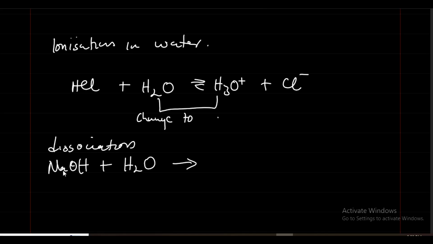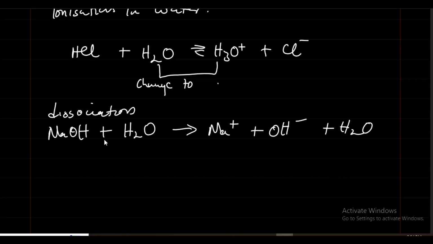When sodium hydroxide is dissolved in water, we'll have sodium ions plus hydroxide ions, plus water. So there will not be any reaction with water. If we do a net reaction, we will notice that water is a spectator. No reaction is happening to it, so we can omit it in the reaction.